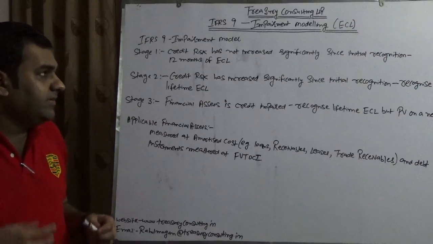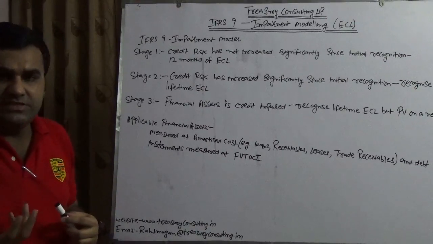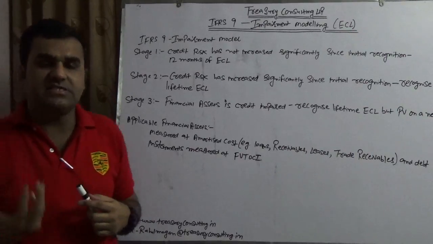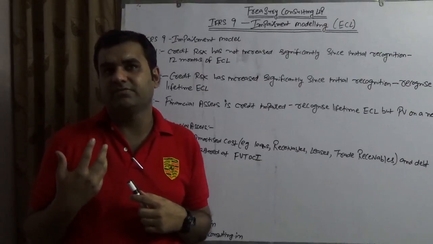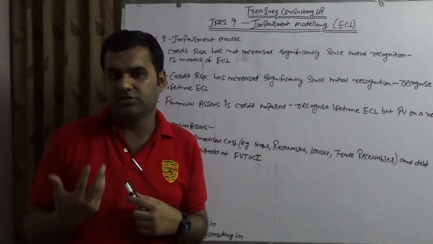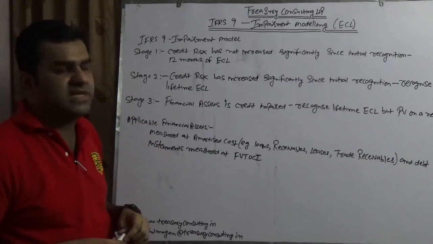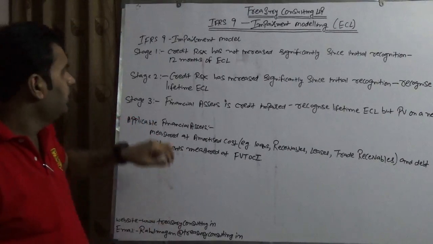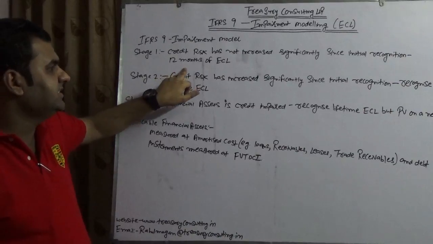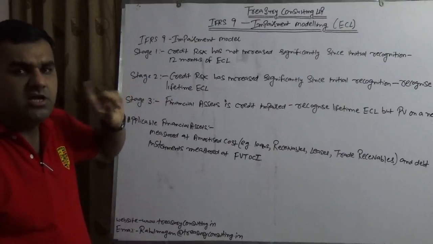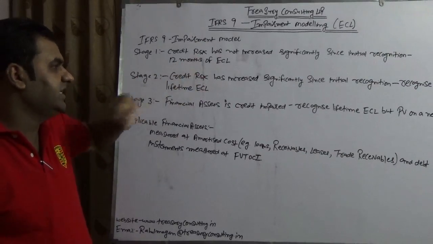IFRS 9 is saying that impairment can be done using ECL. All the companies understand that we have something which is expected credit losses, ECL. They are saying there are three ways credit risk can be measured. Stage one: credit risk has not increased significantly since initial recognition, so 12 months of ECL.